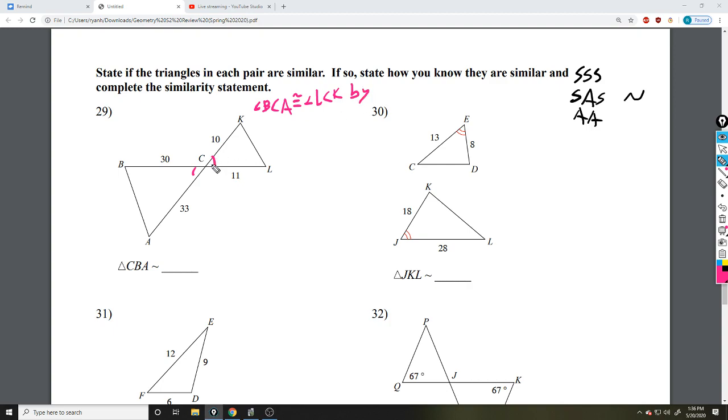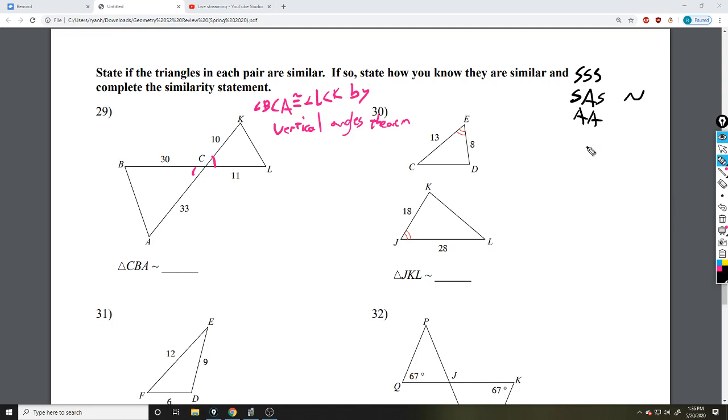And the reason we know those are congruent is because of the vertical angles theorem. Vertical angles are congruent.